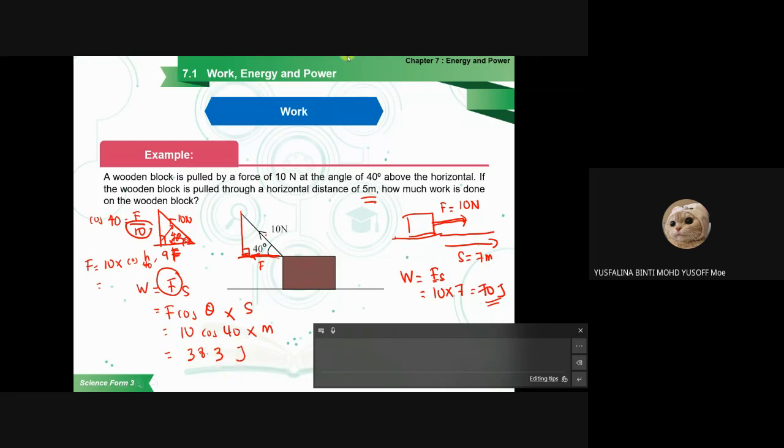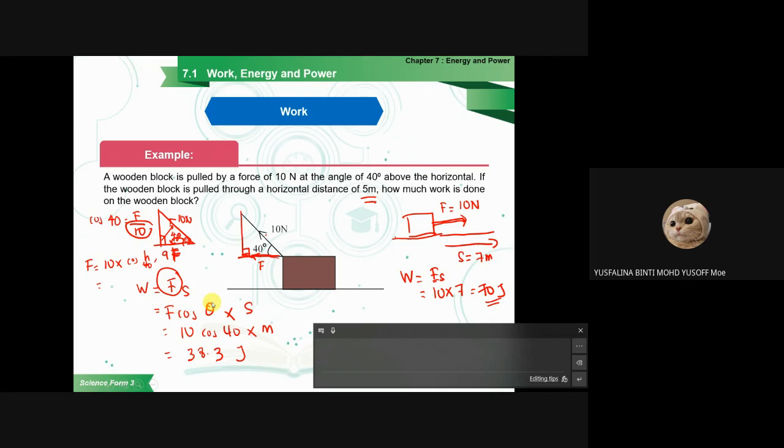Now I just want to explain how you get the answer with cos theta. Why do you use F cos theta? Actually, F cos theta is derived from the formula here. Divide, move over, becomes multiply, so you will get F cos theta. So that is the answer.